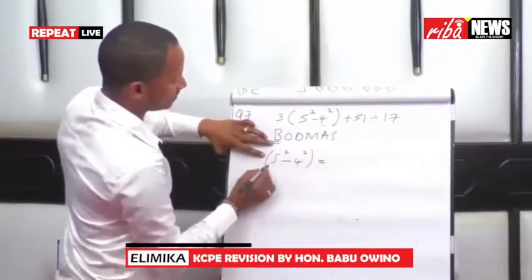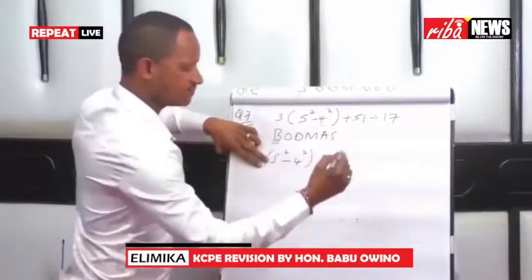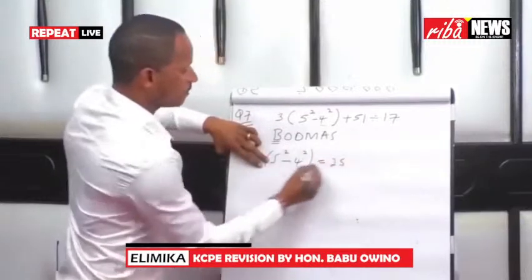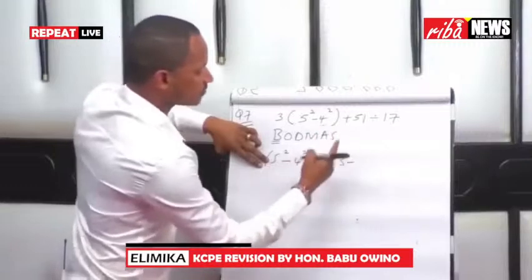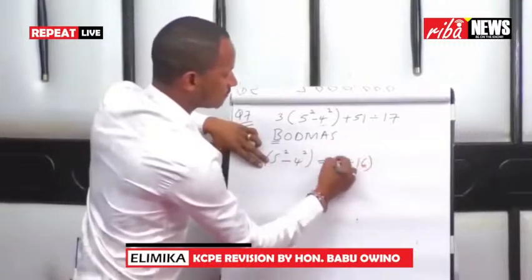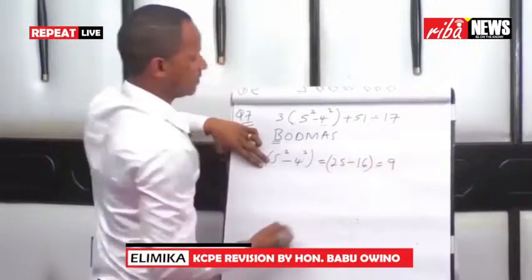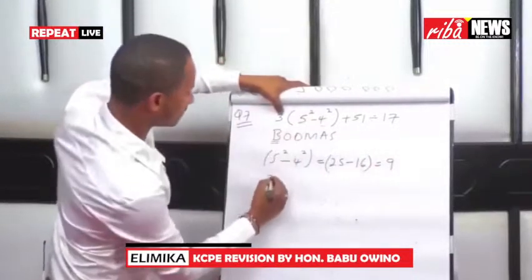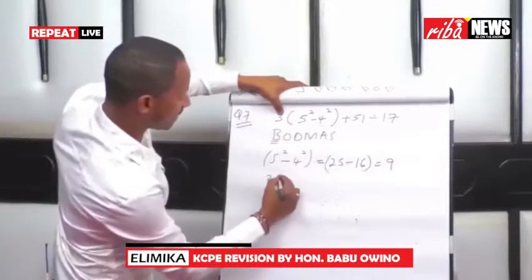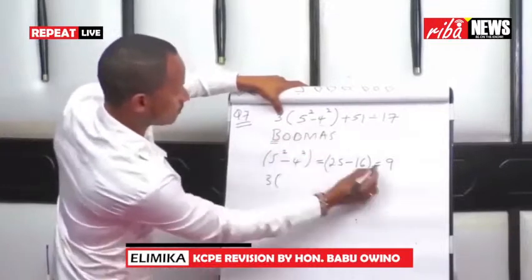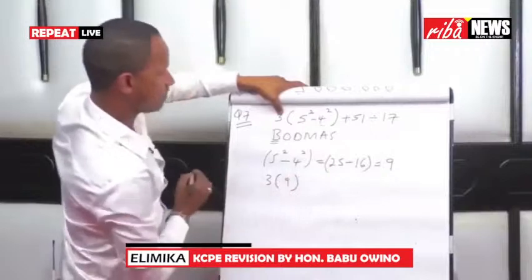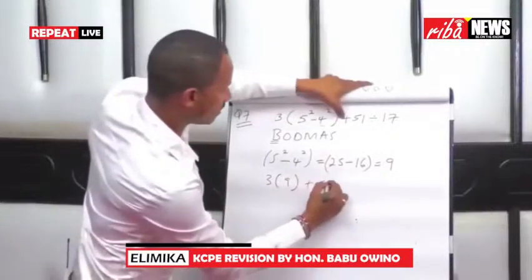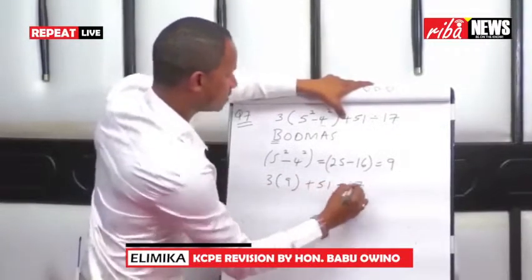So when you open the bracket, 5 squared means 5 times 5, which is 25. Minus 4 squared means 4 times 4, which is 16. The answer is 9. Therefore, come back and replace 9 here. So we will get 3 into bracket, it is still there, 9, plus 51 divided by 17.